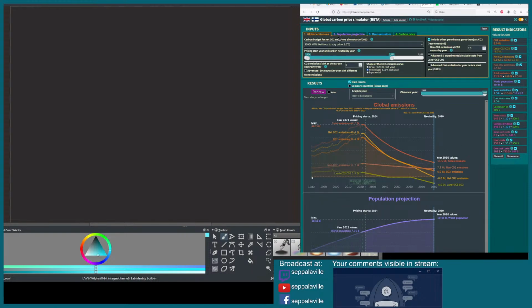I think I want to change this a little bit so that the selection stuff is to the left.